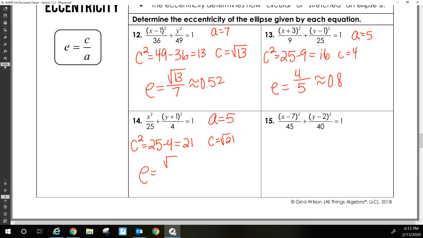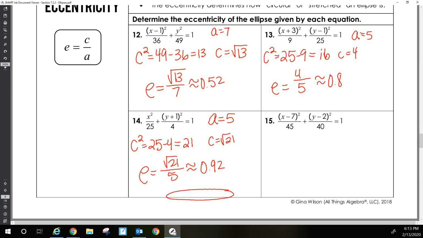E is going to be that C value over 5. We don't want to approximate here because then we're going to end up with approximation error when we divide here. So this is when we want to plug it into our calculator. Square root of 21 divided by 5 is 0.92. We're getting really stretched out and skinny. This time, though, it's the x squared that is my major axis. It's on the x, so it's getting really stretched out this way.